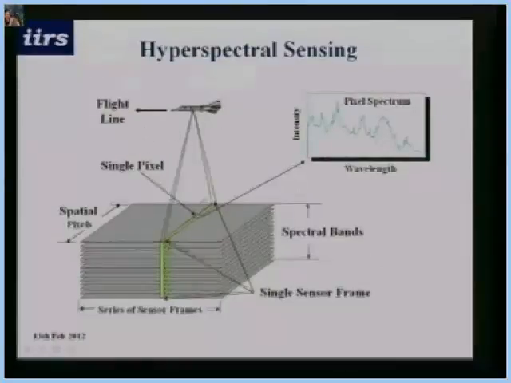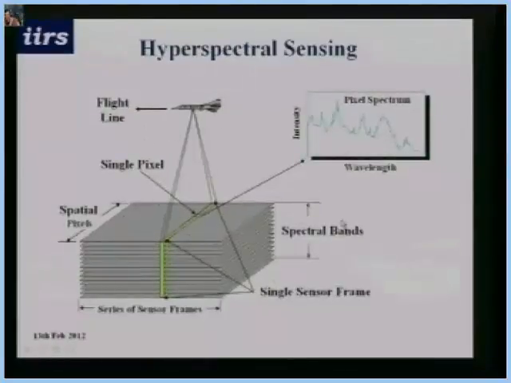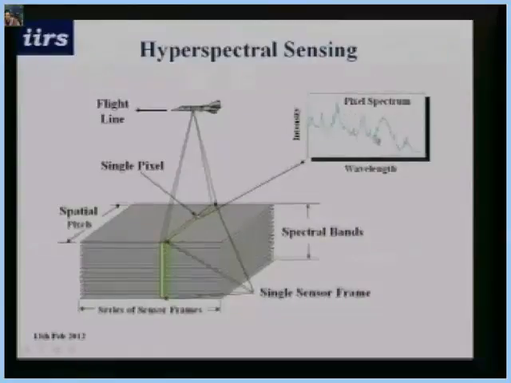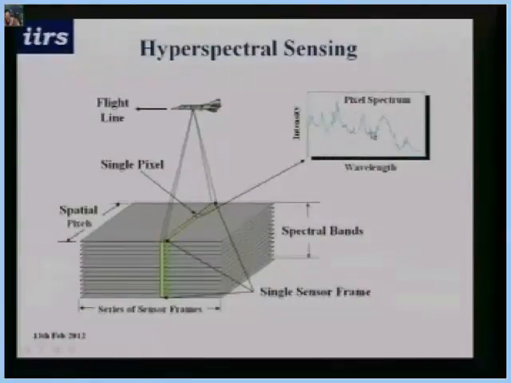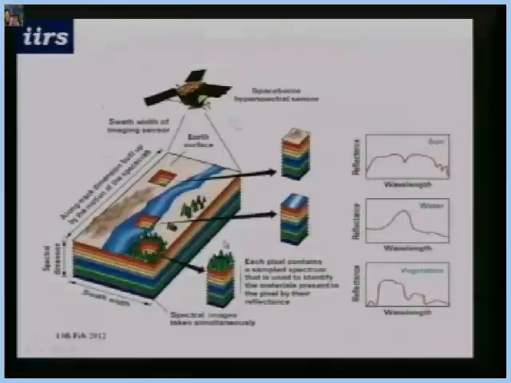So for each single pixel, you have three-dimensional data: the X and the Y, which are the spatial location, and the Z, which provides the spectral information, which leads to a continuous spectral profile, or reflectance spectrum, which enables you to identify the different land cover features on the Earth's surface. This is an example showing that with hyperspectral remote sensing data, you can create the complete spectrum for each land cover, for example here for vegetation, water and soil.